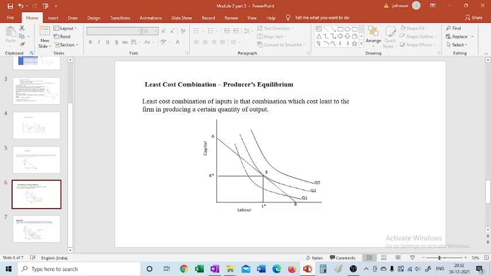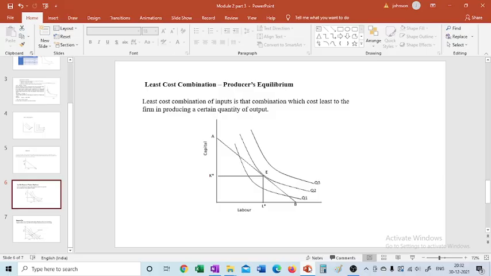So how can we find that least cost combination? Least cost combination is attained at that point where the isoquant of a firm is tangent to its iso-cost line. We can draw any number of isoquants for a firm and each isoquant represents a particular level of output.